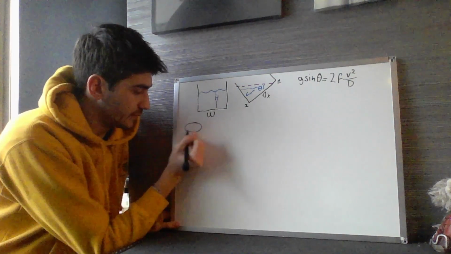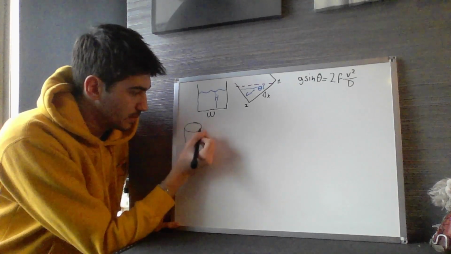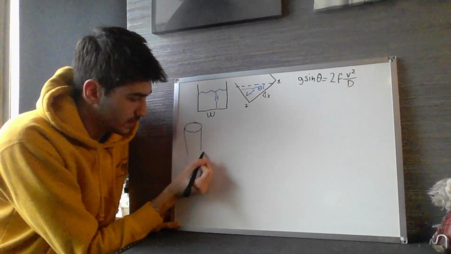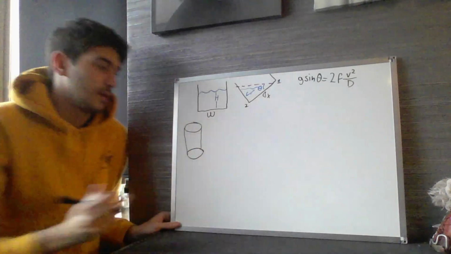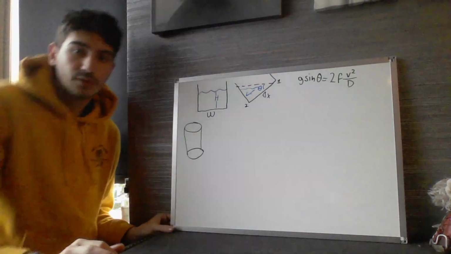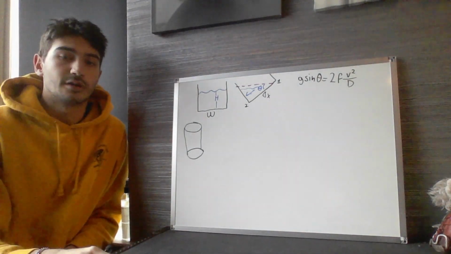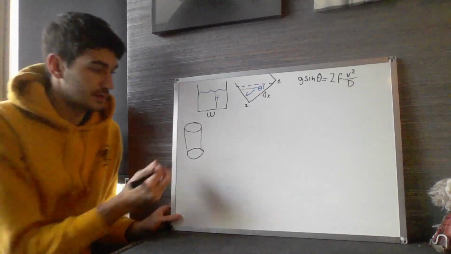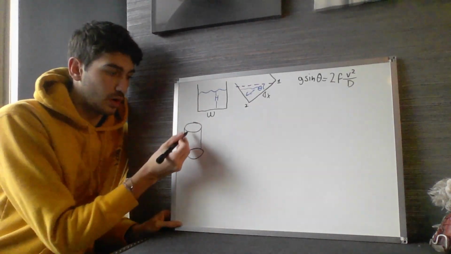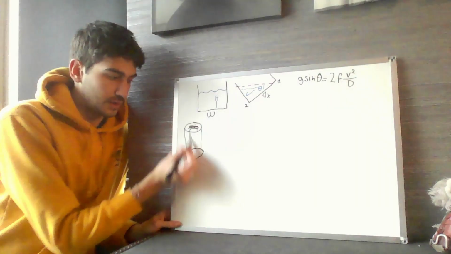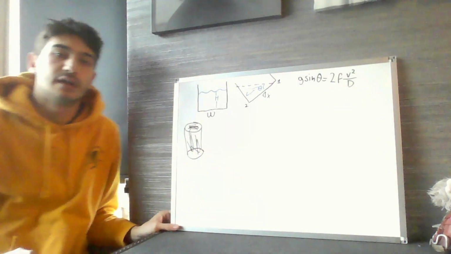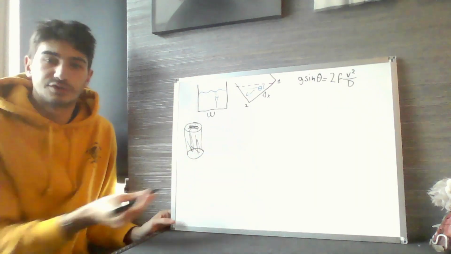So to kind of simplify things, for the shear rate, what we're going to do is think about this in terms of a circular aqueduct. So we have water filled up to the brim, and it is flowing down through this aqueduct, going straight down.